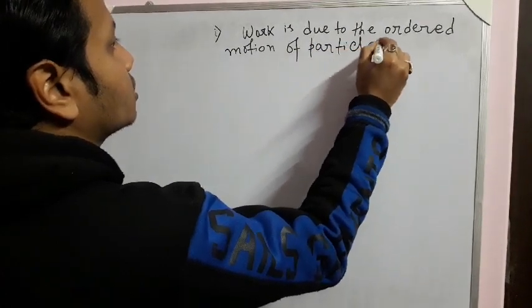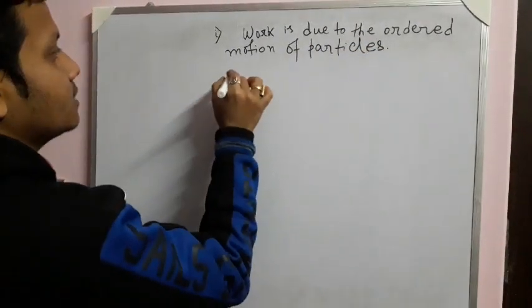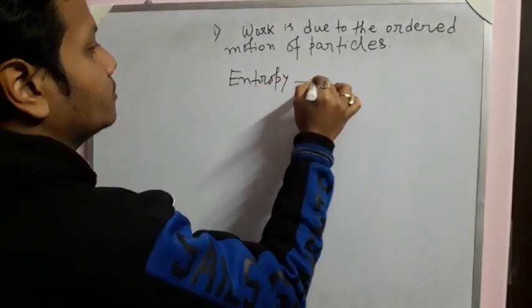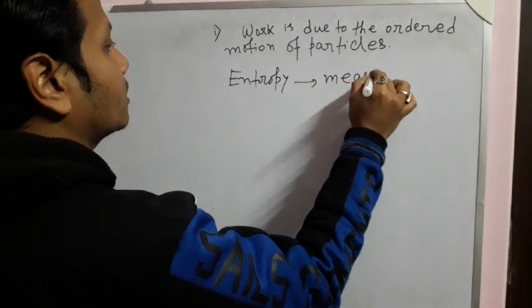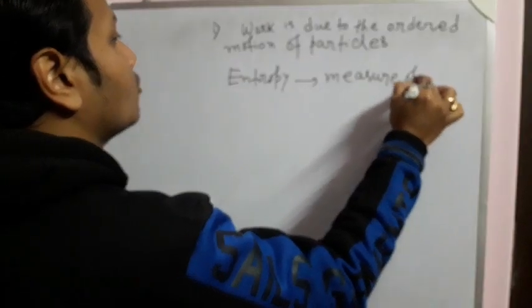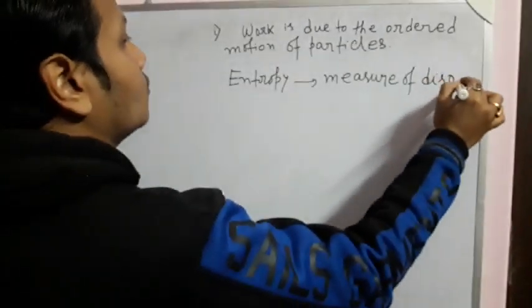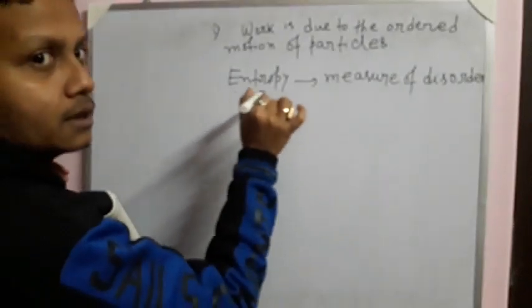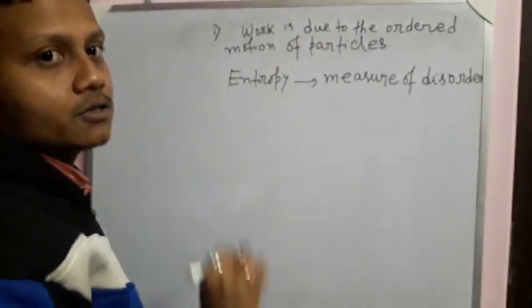So ordered motion, regular motion, but entropy is a measure of disorder. What is entropy? Entropy is a measure of disorder. So these are opposite. One is ordered motion and another is due to disorder or randomness. So that means it is a measure of unavailable energy or work.